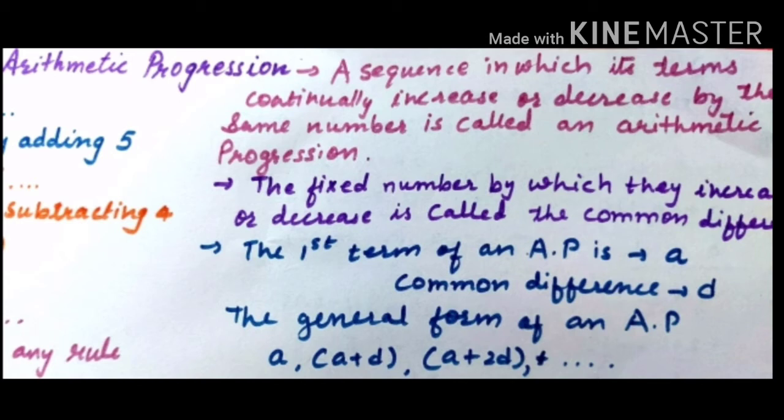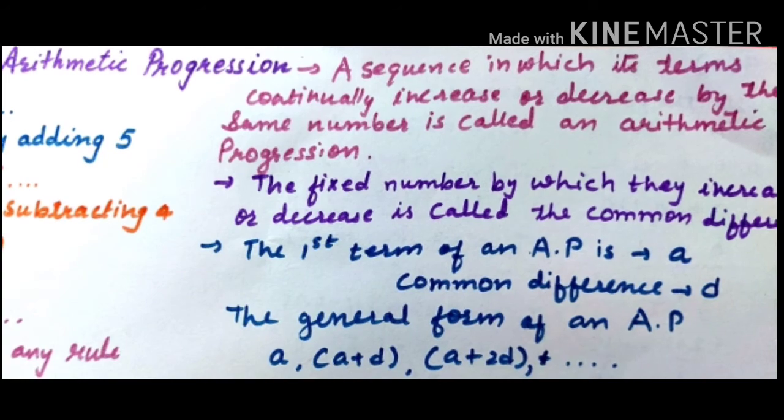It means we can get n terms like this. So we have generalized one formula for our arithmetic progression to find the terms here.